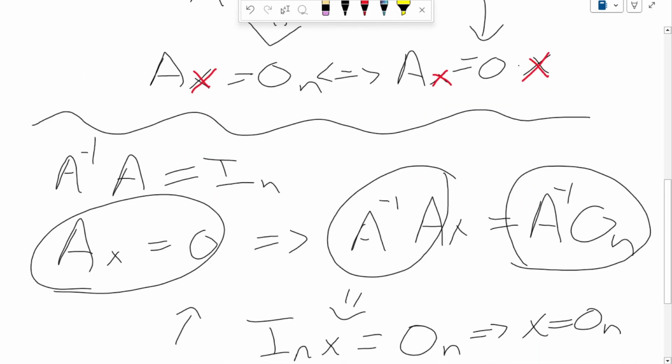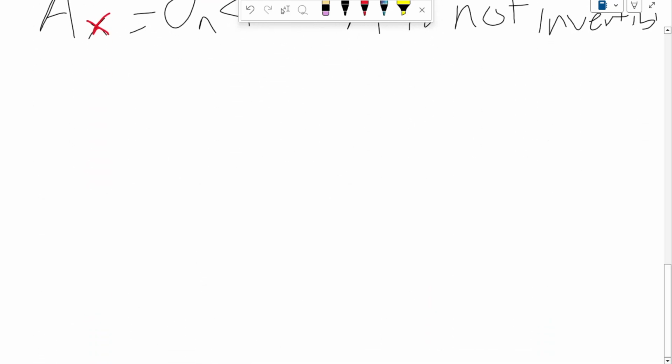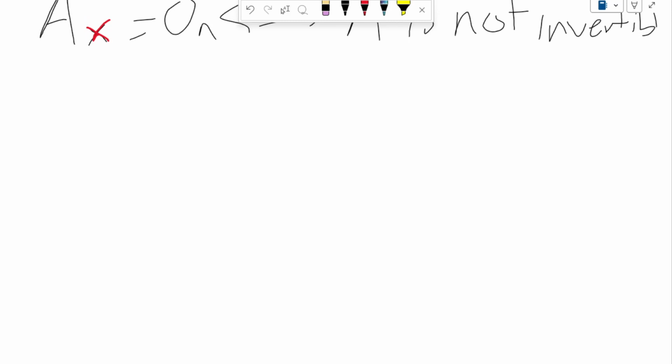And it's also why the column space is so important, because the dimension of the column space tells you whether or not the columns of A are linearly independent. If you have an n by n matrix and the dimension of your column space is n, then you must have linearly independent columns.